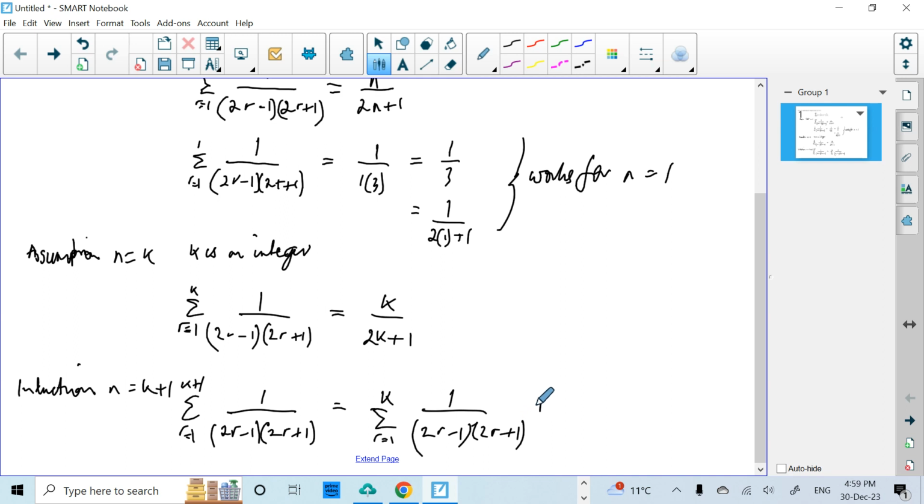And now I'm going to add the k plus 1, and r equals k plus 1. And what does that give us? Well, again, I'm going to write out 2r minus 1 to r plus 1.